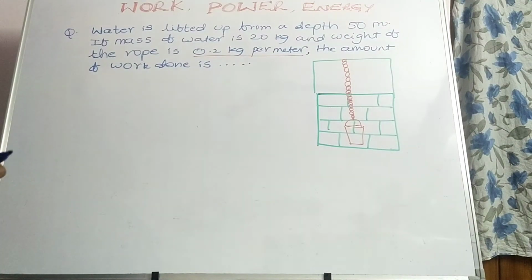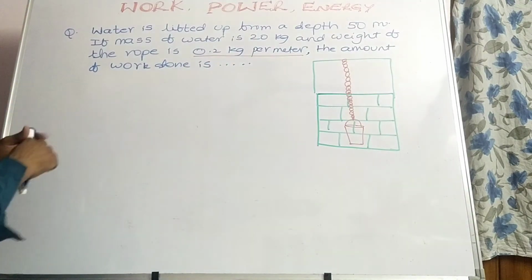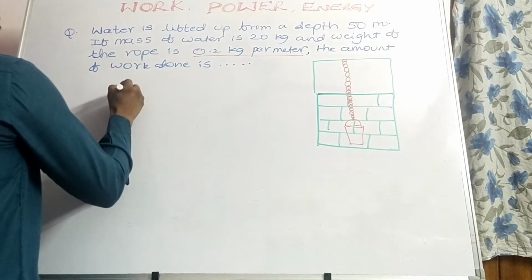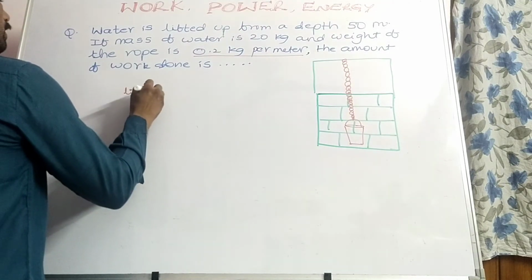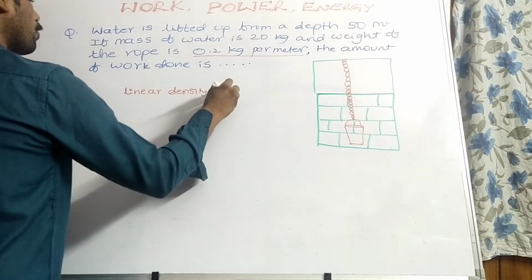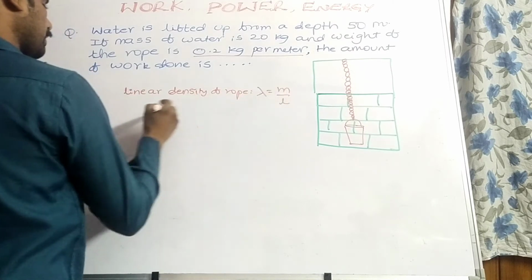So the length of the rope is considered as the height. Here the weight of the rope is 0.2 kg per meter. That is nothing but the linear density of the rope, lambda, equal to mass per length.